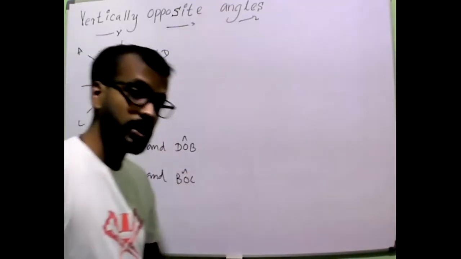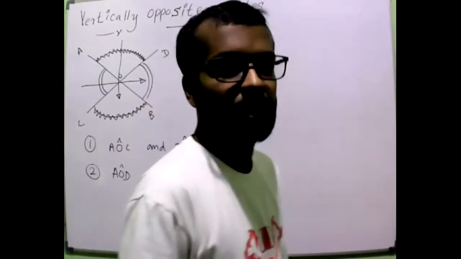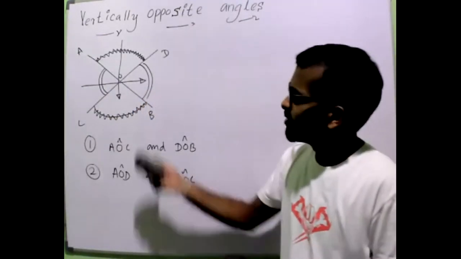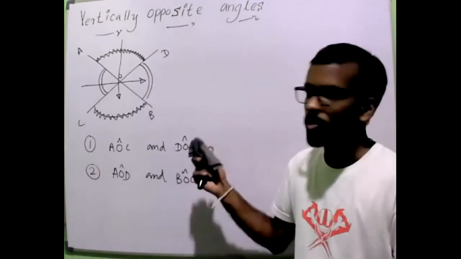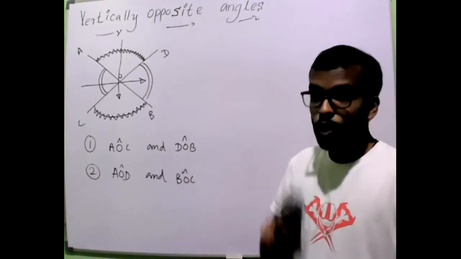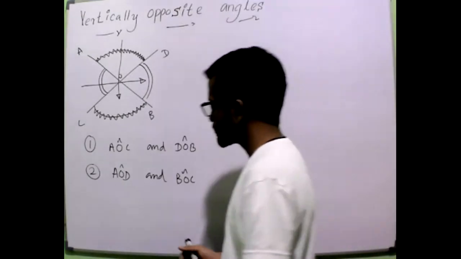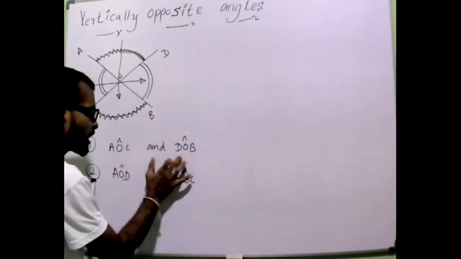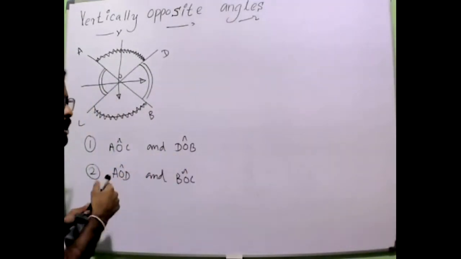So now you know the concept. What are opposite angles? So then what happens? The most important thing is these opposite angles are equal to each other.